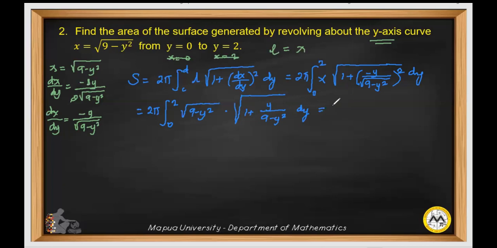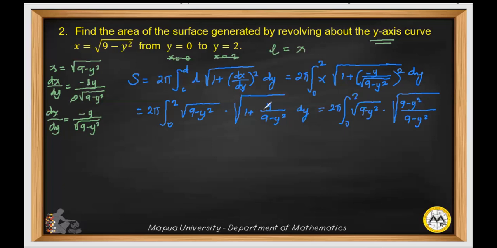And if we simplify the radicand, from 0 to 2, we have the square root of 9 minus y squared times the radicand. We can get the common denominator, which is 9 minus y squared. Just focus on the radicand first: 9 minus y squared over 9 minus y squared.